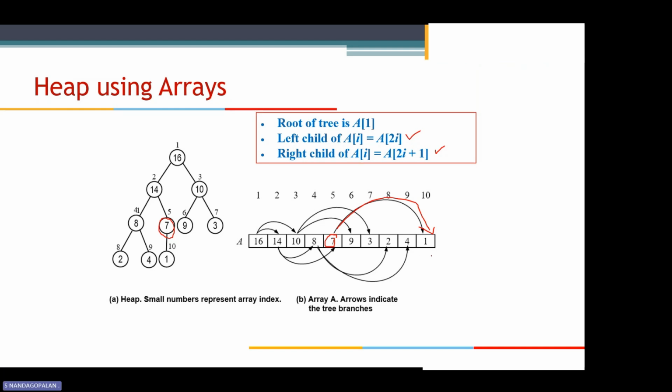And this is the reason for the second property of the heap, where all elements which are at height h should be on the left side of the elements which are at h-1, because supposing I allow an element like this, then I will have gaps here in the array.